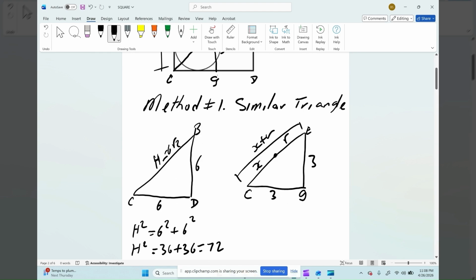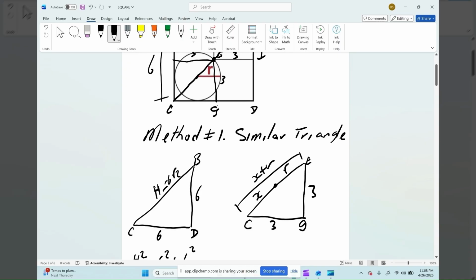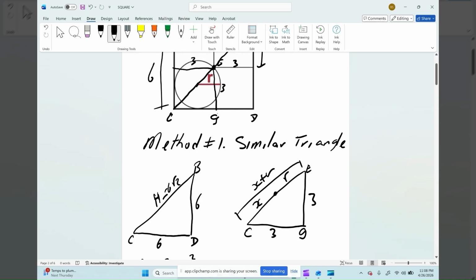So let's get back to this shape, and we know that this is X and this is R. So we draw a line here. Now this is R, this is R. So we have another triangle here. Let's do the same thing.